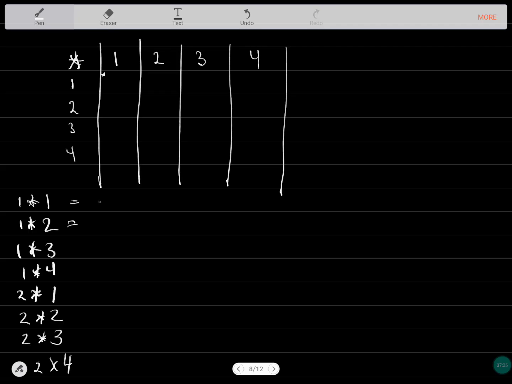So 1 star 1 would give us 1 plus 1 plus 1 times 1, according to the formula we were given earlier on. A star B is equal to, according to the formula we were given, M star N equals M plus N plus M times N. So in that respect, we are solving this.